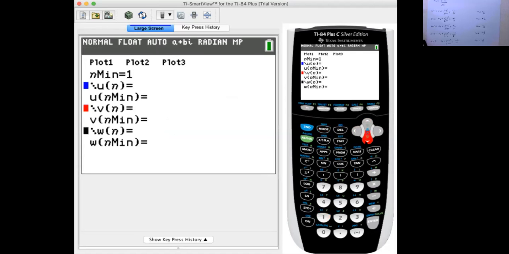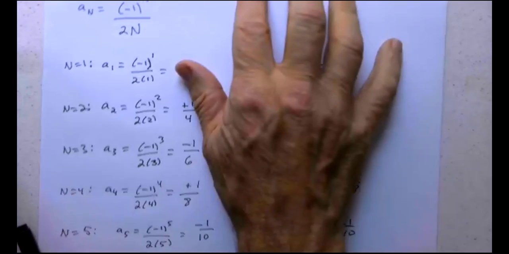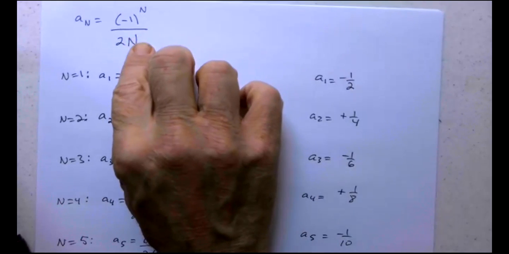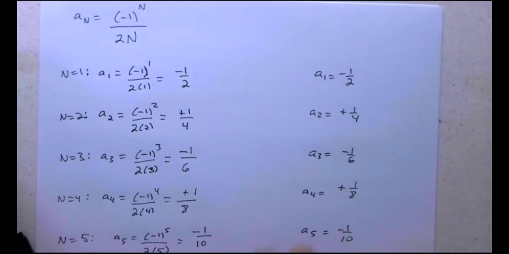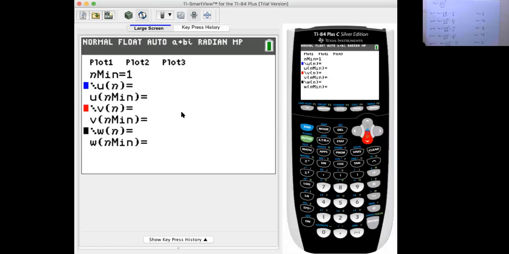Now, what was my sequence? It was (-1)^n over 2n. And I'm going to use the same letters because, again, n is the letter that the graphing calculator likes. A lot of textbooks prefer k, so we'll go back and forth between n's and k's. So we want (-1)^n, with parentheses upstairs.